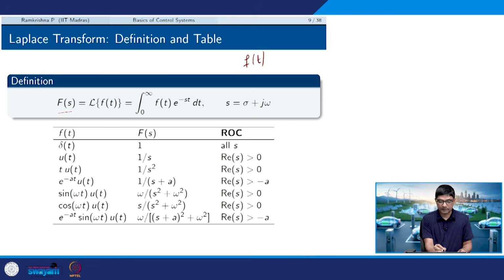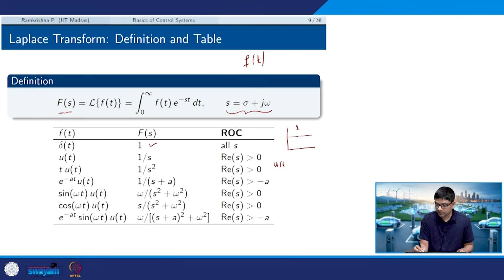F(s), this is how we represent the Laplace transform in the s domain, where s is sigma plus j omega, a complex number, is the integral from 0 to infinity of f(t) e^(-st) dt. Again, I will not do the details of this. So, a simple impulse function will have a Laplace transform of 1. A step function, when I say it is a unit step function, will be of magnitude 1.